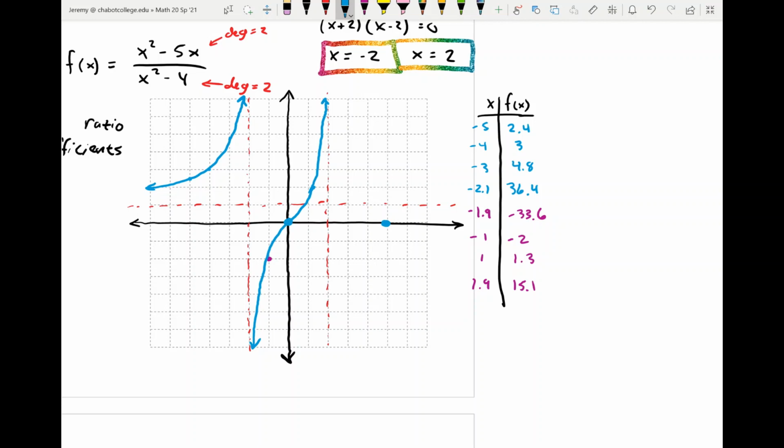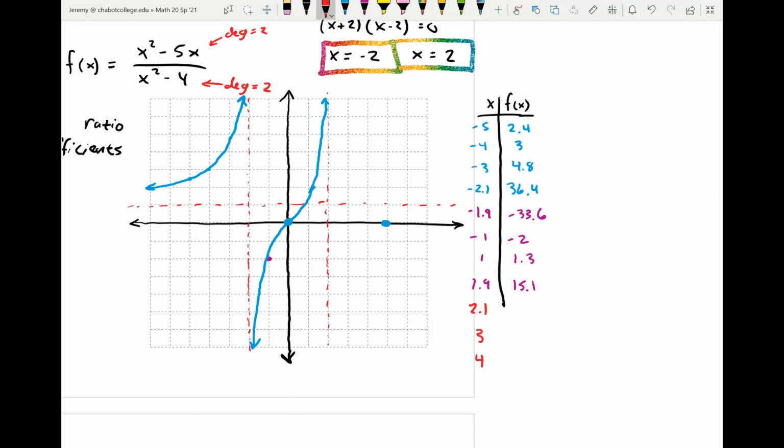And now on the right part, I'll use red ink for this last region. I'm going to plug in a value of x that's really close to the asymptote at x equals 2, but just on the right. So how about 2.1? And then maybe I'll plug in 3 and 4. I think that'll probably be enough.